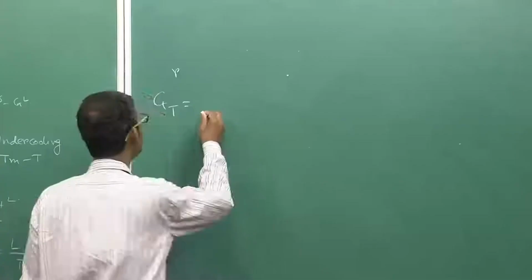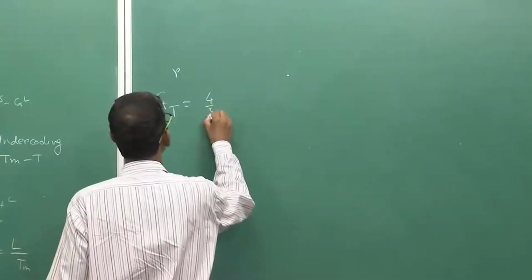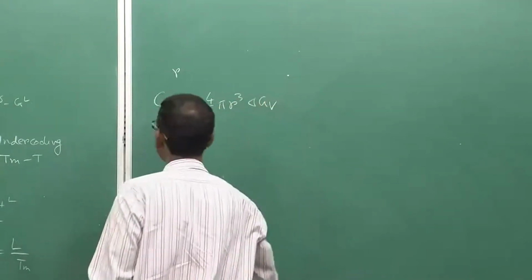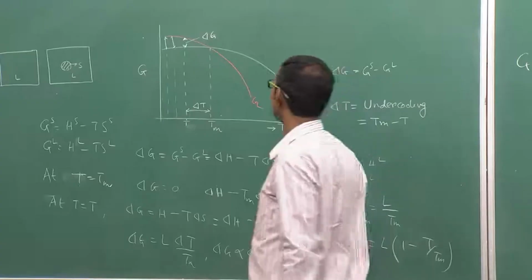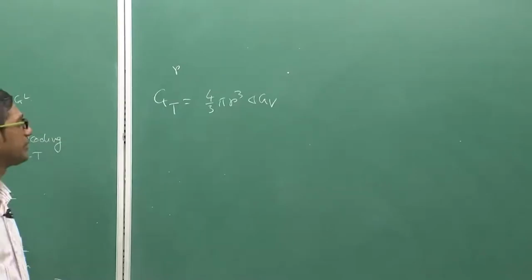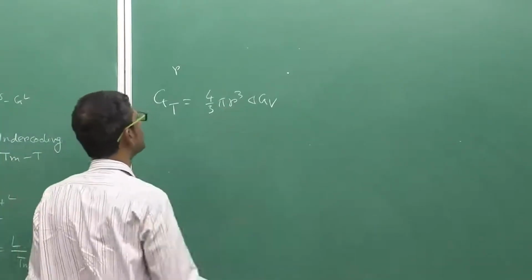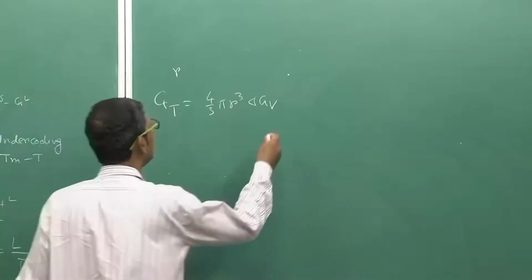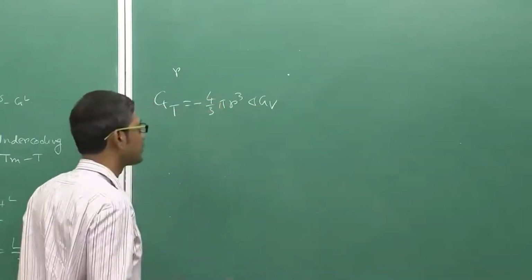So, the volume free energy change is equal to 4/3 pi r cubed delta G V, that we always write. Why? Because the volume of a spherical nucleus is 4/3 pi r cubed, where r is the radius and delta G V is the free energy available to the system. And this we always write with a minus sign. Why?